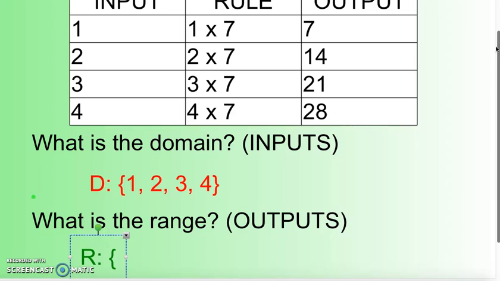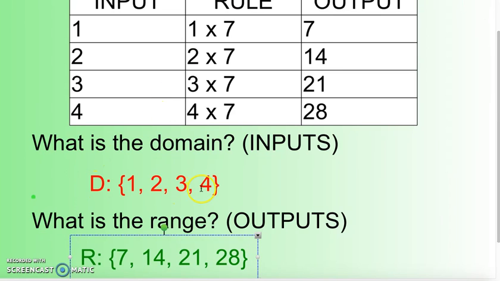What's the output? Correct. We got 7, 14, 21, 28. So we are just listing all the numbers we plugged in, so the x's, and all the numbers we got out, and those are the y's, okay?